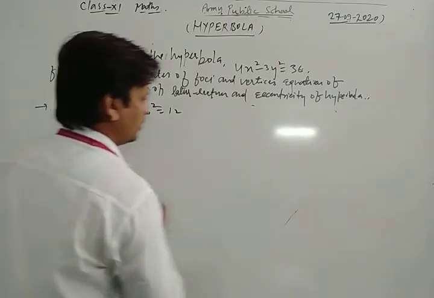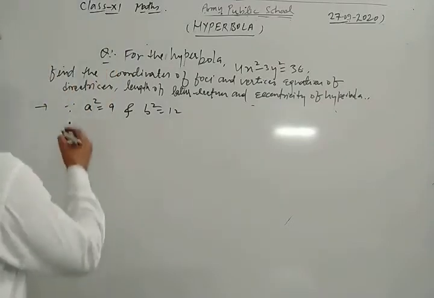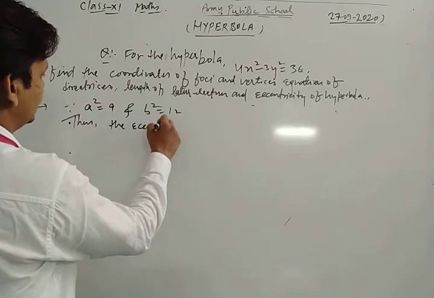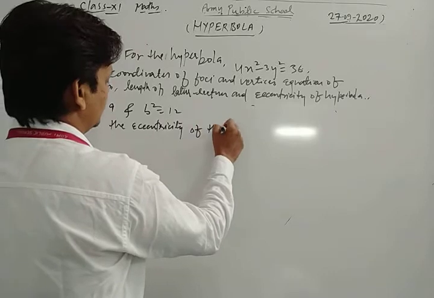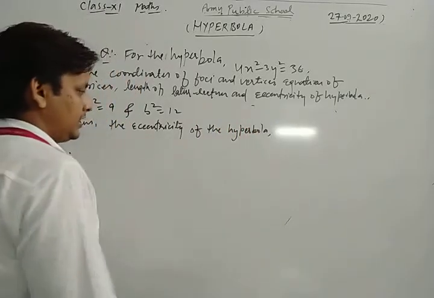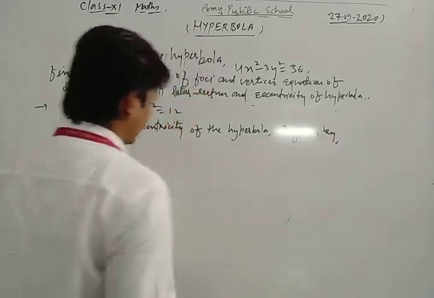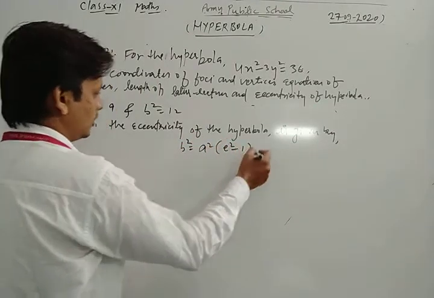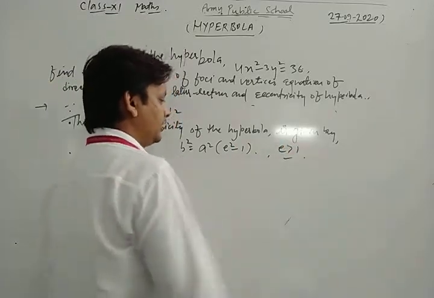Now, dear students, thus the eccentricity of the hyperbola is given by the relation b square is equal to a square into (e square minus 1), because in the case of a hyperbola the value of e is greater than 1.